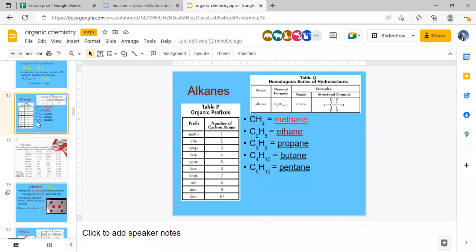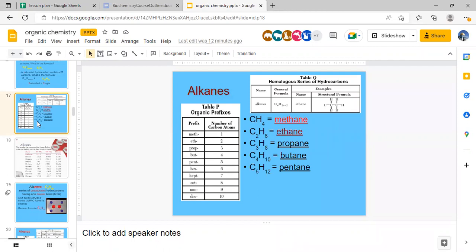C3H8, propane. So most of the cooking gas is actually propane. Liquid propane. Yung lighter fluid, that's butane. Okay? Butane yan, C4H10. Tapos pag 5 naman, pentane.